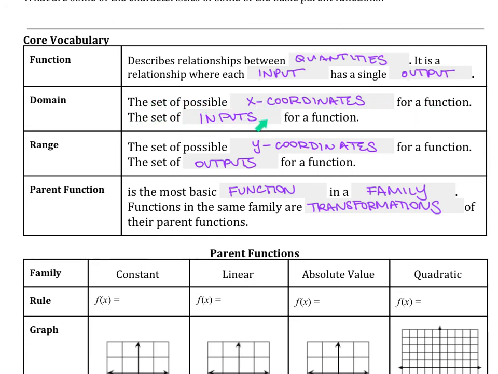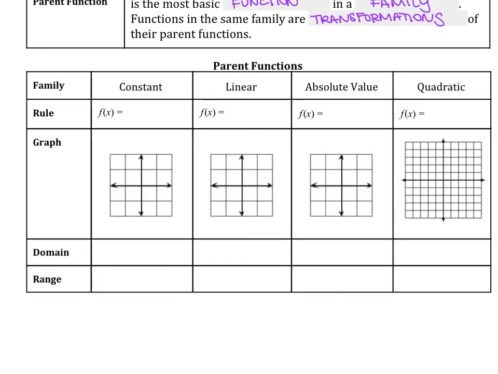It's a set of inputs for a function. Range is a set of possible y coordinates for a function. It's a set of outputs for a function. A parent function is the most basic function in a family. Functions in the same family are just transformations of their parent functions. So we're going to take a look at transformations, but let's first look at some parent functions.